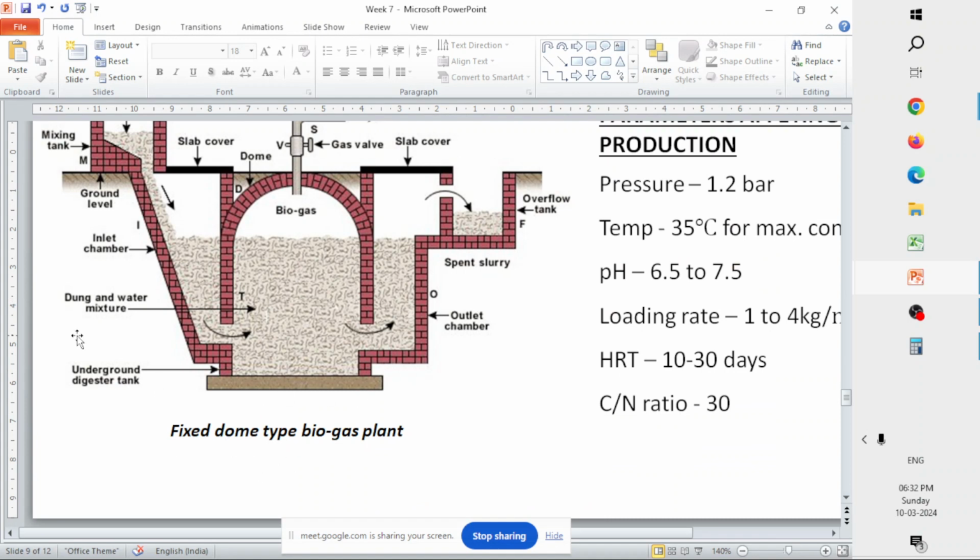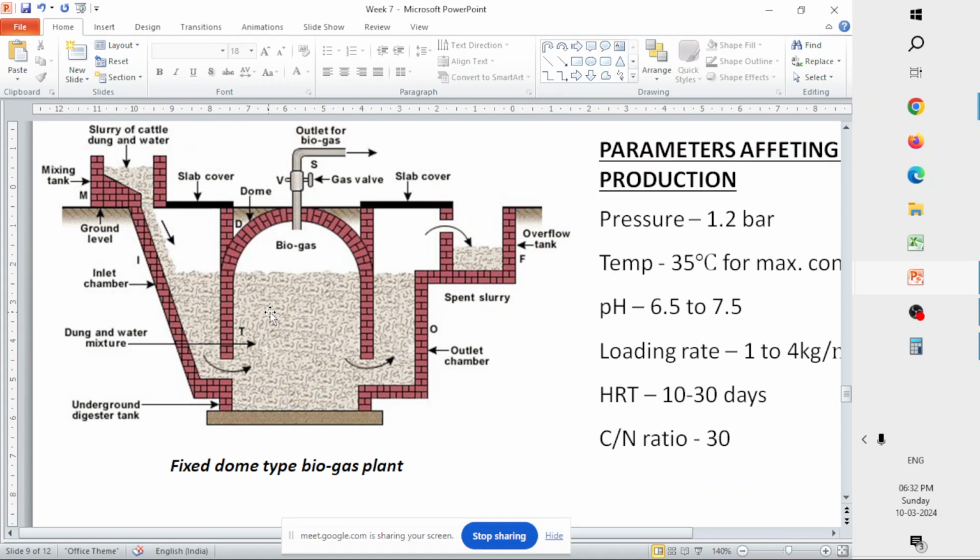And if you see this fixed dome type plant, one example where this fixed dome biogas plant is installed is in New Delhi in India.